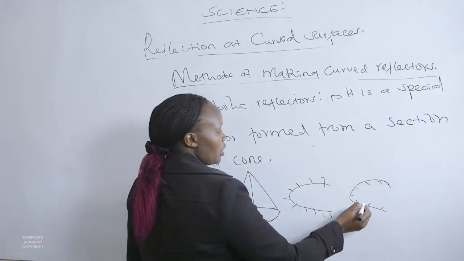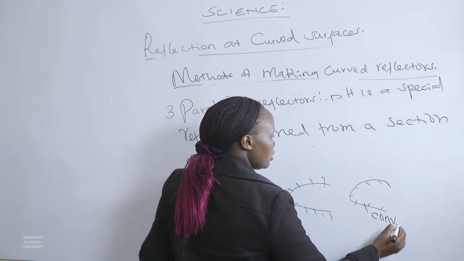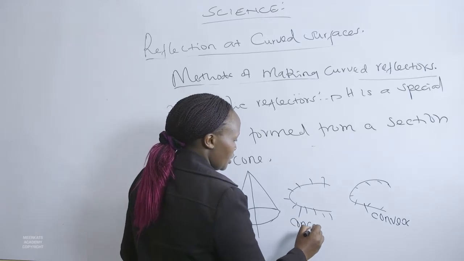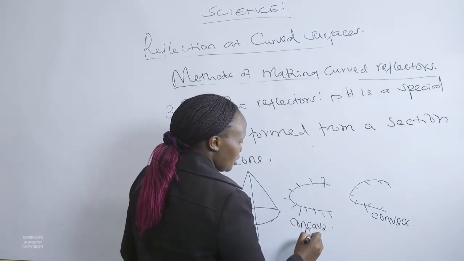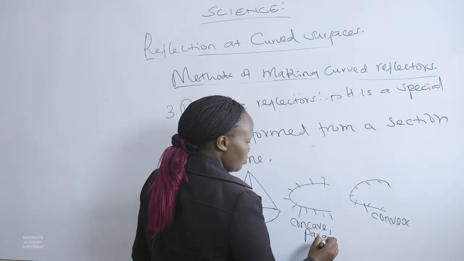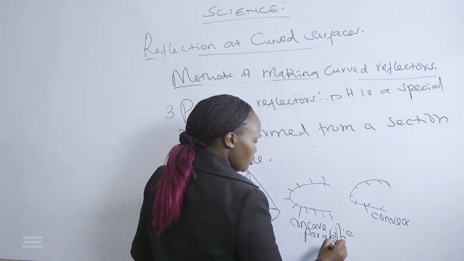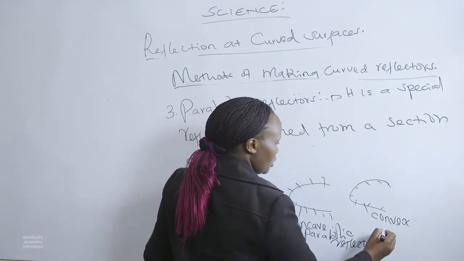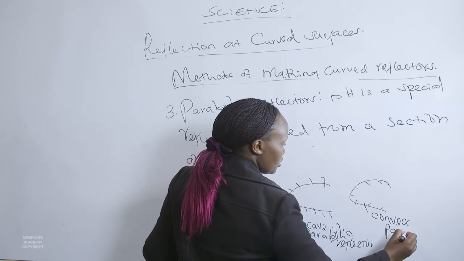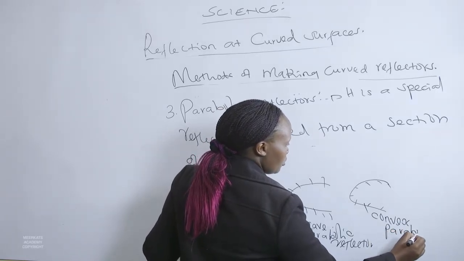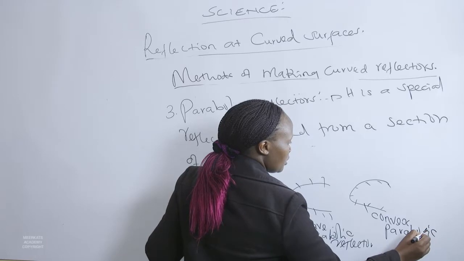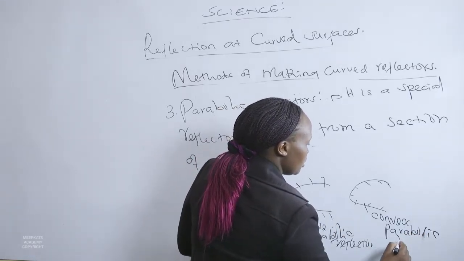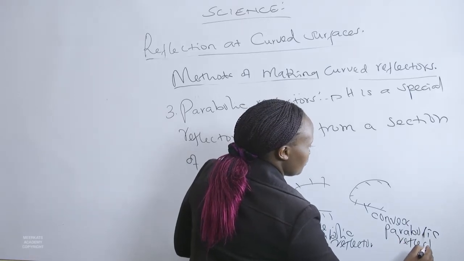Now they are called parabolic reflectors. This one is a concave parabolic reflector, and equally this one is a convex parabolic reflector.